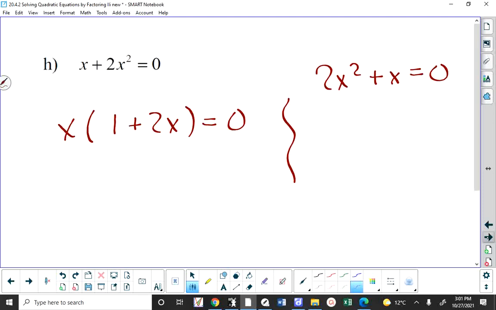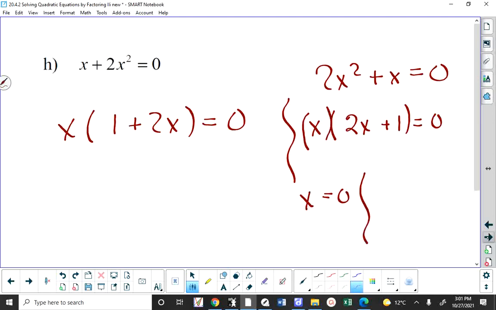If you do, and I take an x out, what do I multiply x by to get 2x squared? 2x. What do I multiply x by to get x? 1. So x equals 0, because that's one of the factors. And 2x plus 1 equals 0. When you solve the equation on the right, you get negative 1/2. When you solve it on the left, there's nothing to do on the left. It's 0.